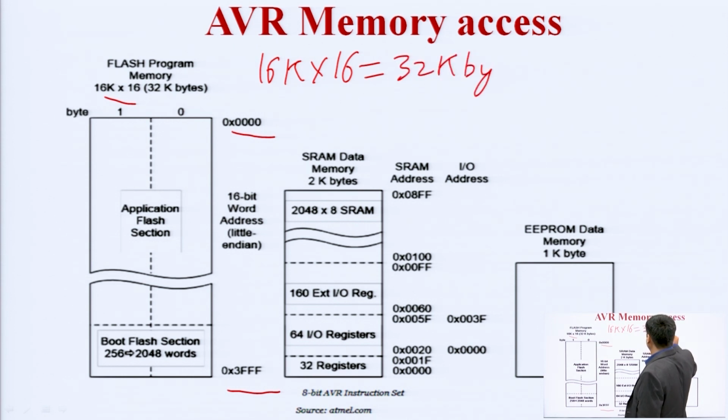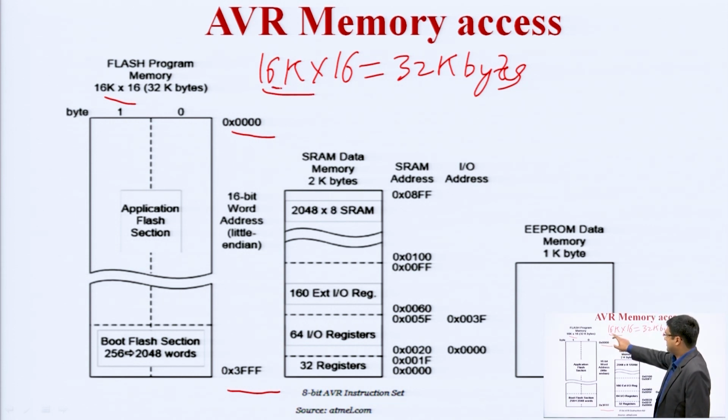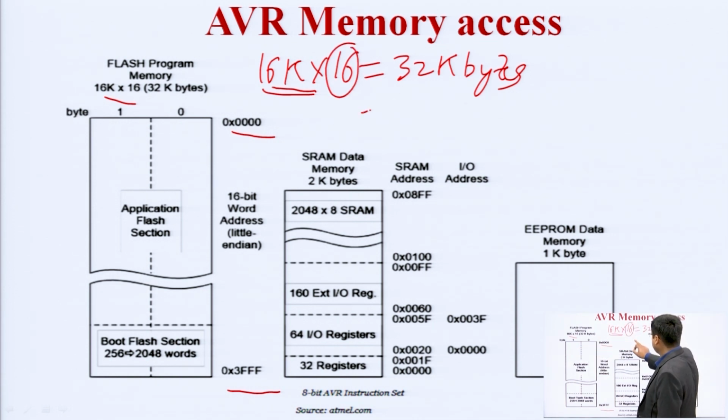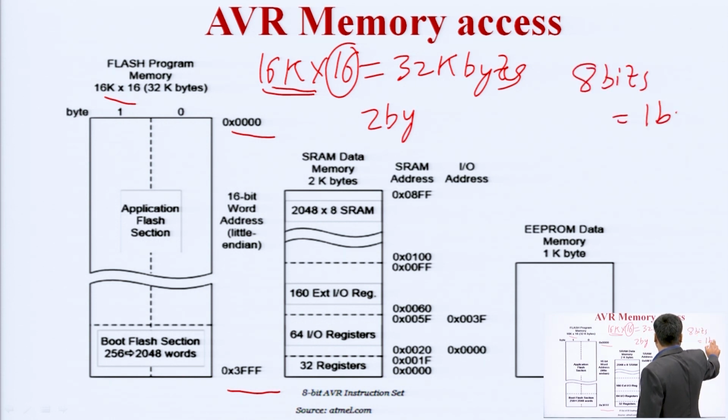What does it mean? 16K means that it has a memory of 16K locations, and each location has 16 bits, that means 2 bytes. 8 bits is equal to 1 byte. Okay, so 16 bits is equal to 2 bytes.